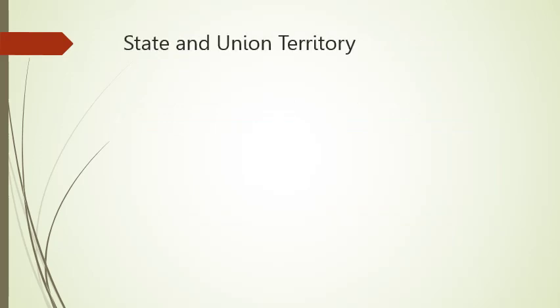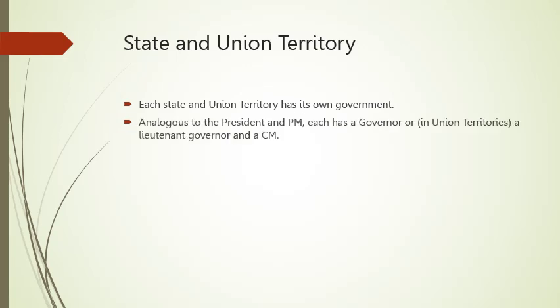Now guys, states and union territories. States and union territories are the political units or political divisions of India. Each state and union territory has its own government. Analogous to the president and prime minister, each state has a governor, and in union territories there is a lieutenant governor, and a chief minister.